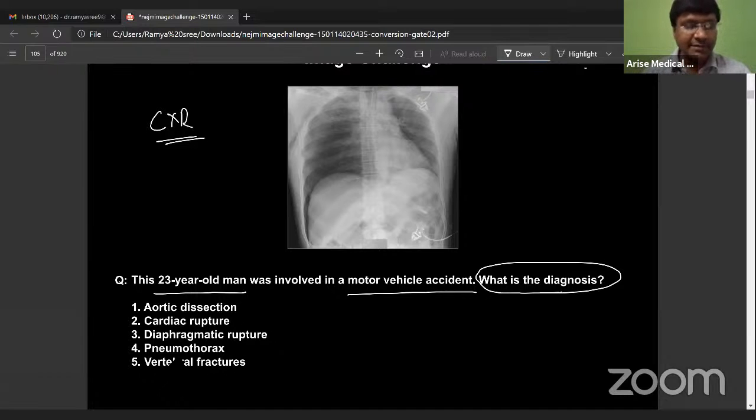Very good, Bhargavi. The answer is pneumothorax. Why are you saying this is pneumothorax? You see this.